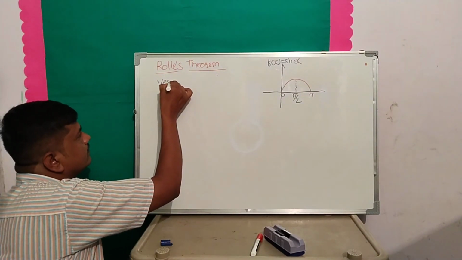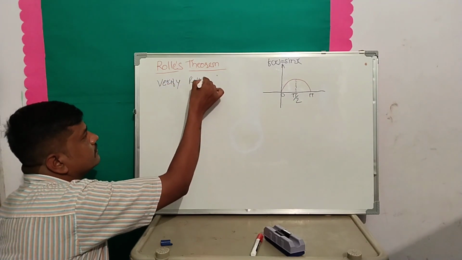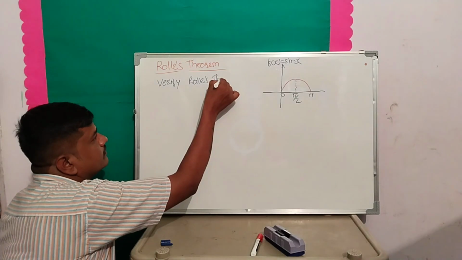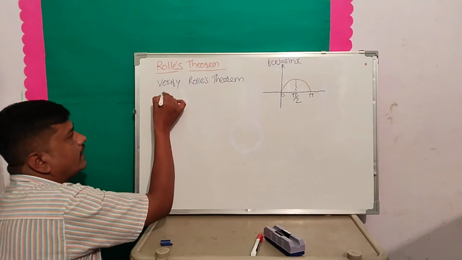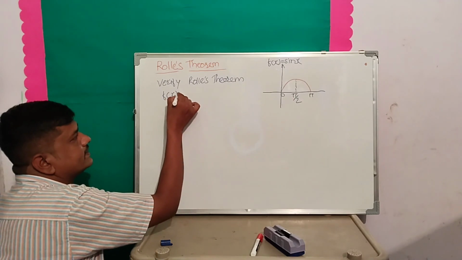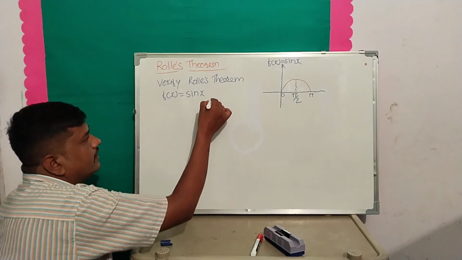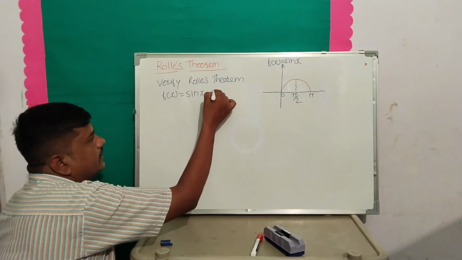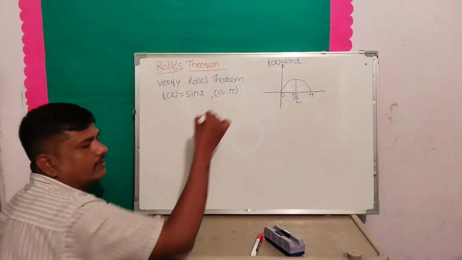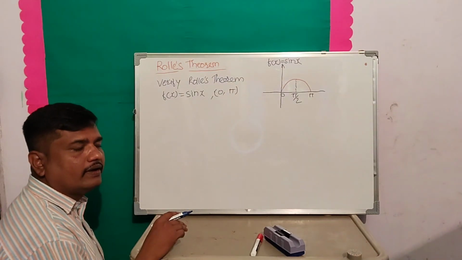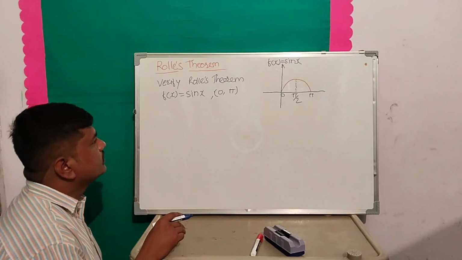Verify Rolle's theorem for f of x is equal to, let us say, sine of x, and within, we can say, 0 to pi. Okay, so this kind of question you will get in the exam. So let us see how to solve this kind of question here.